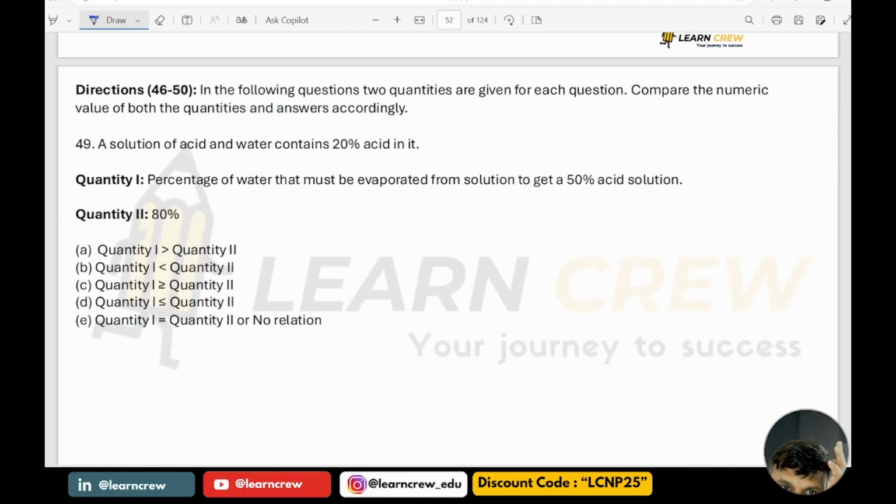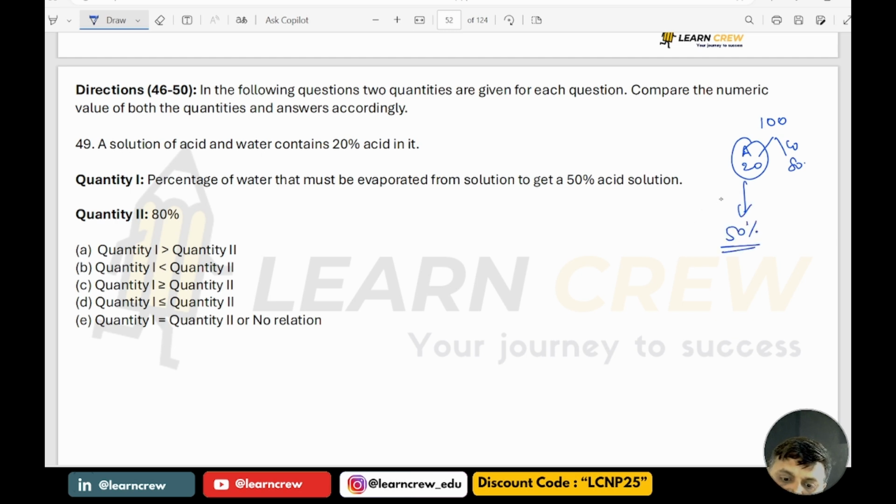A solution of acid water contains 20% acid. If the total is 100, then acid is 20, water is 80. Now, what percentage of water must be evaporated from the solution to get a 50% acid solution? To get a 50% acid solution means 20 has to become 50%.